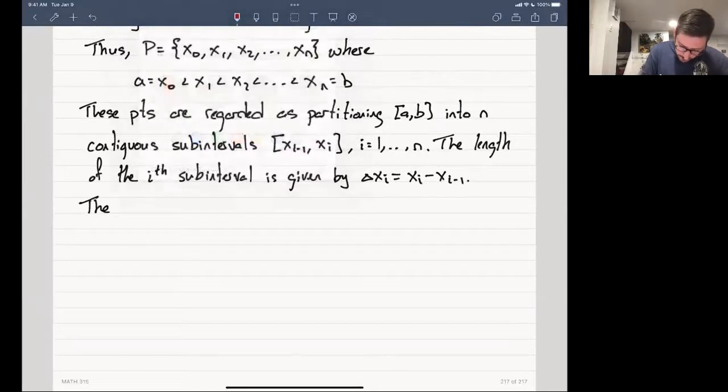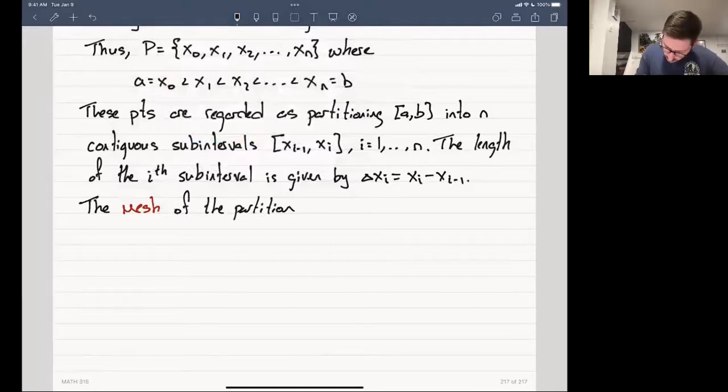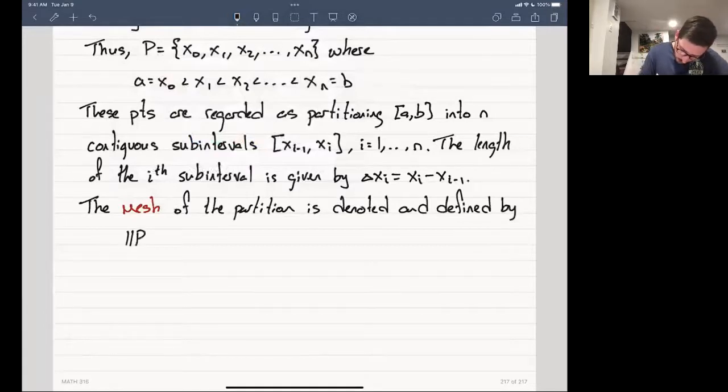What we'll call the mesh. So the mesh of the partition is denoted and defined by, well, here's our norm notation.